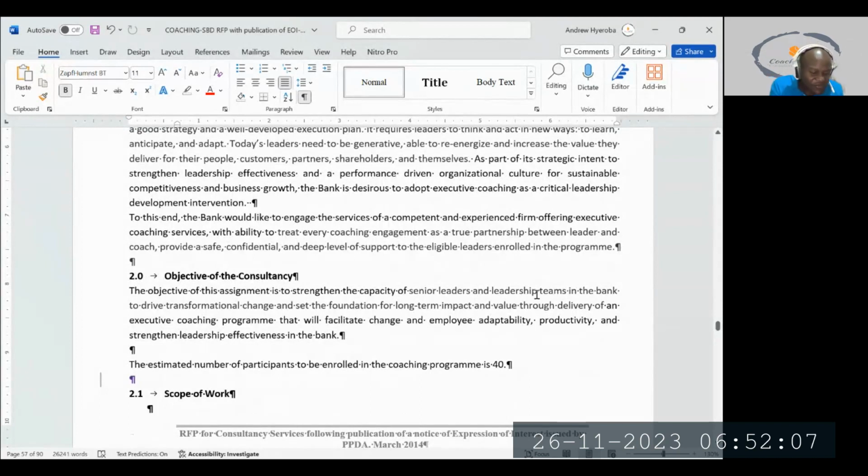The coach's job is not to strengthen this capacity. Again, if you're a professional coach, you know the act of strengthening is not your business. Your act of coaching is to help the person walk through a journey of self discovery of their potential and self tap into the potential.